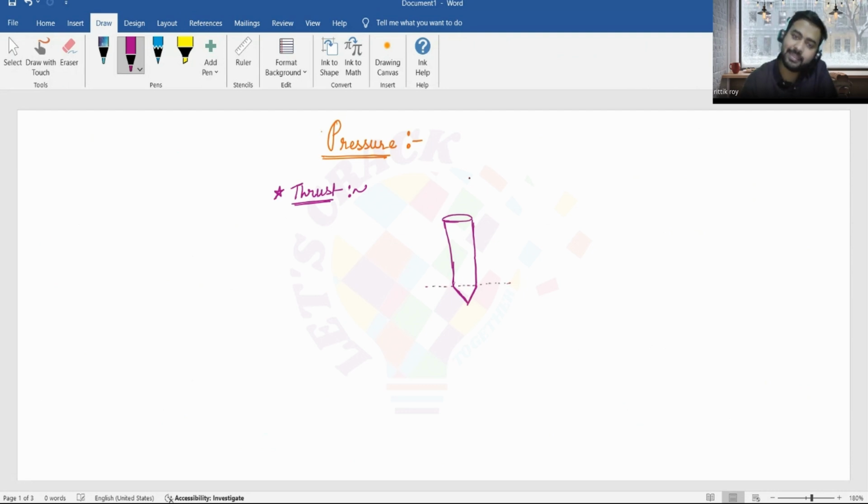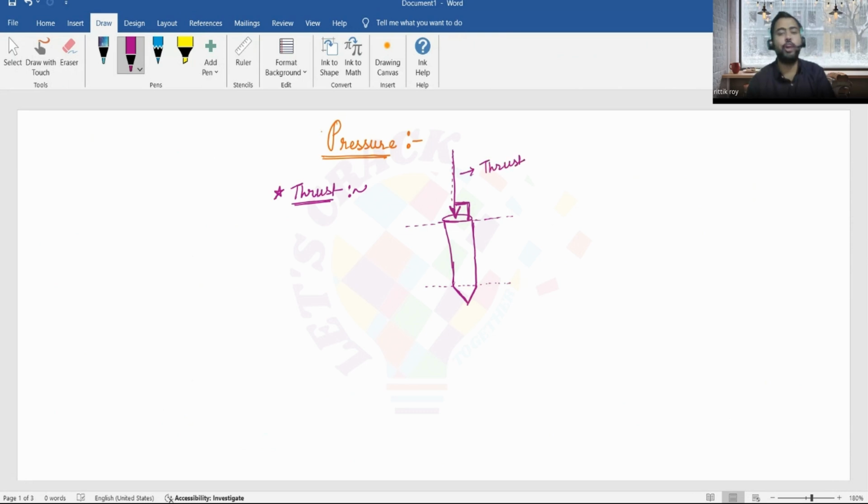Now I am applying a force perpendicular to this surface. The force which is applied perpendicular to this surface is known as thrust.